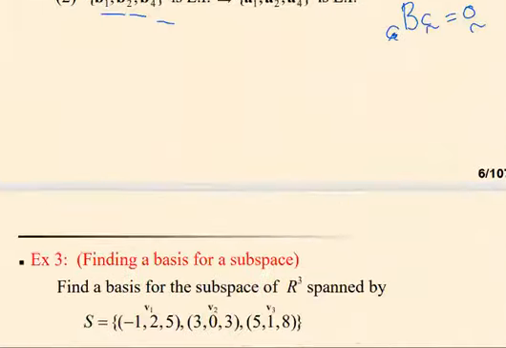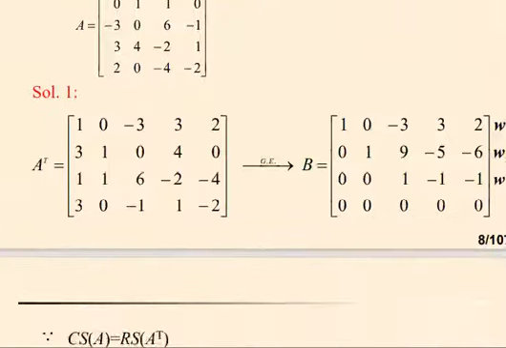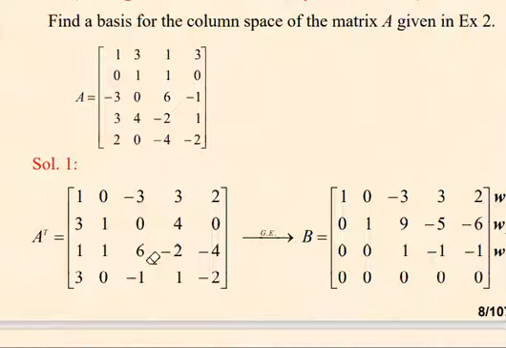All right. Find a basis for column space of this matrix. All right. Transpose this. This becomes this here. This becomes this. Transpose and reduce this.